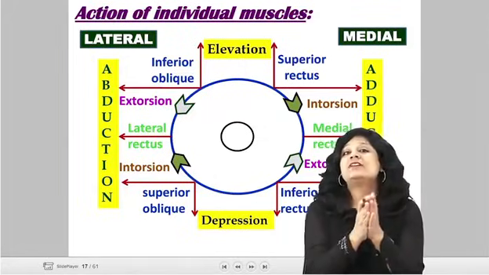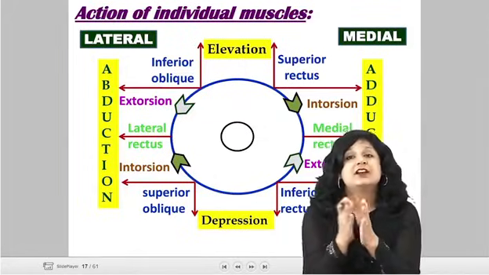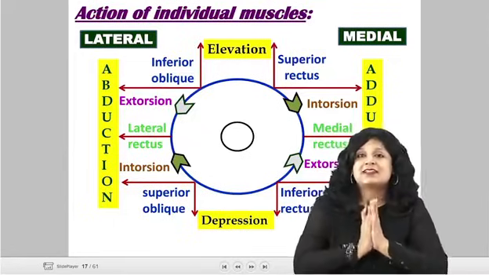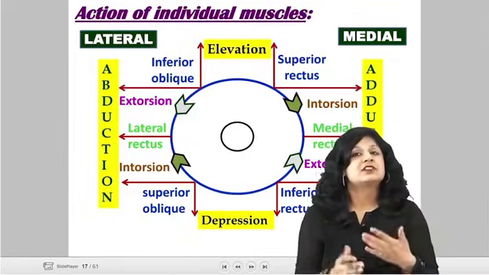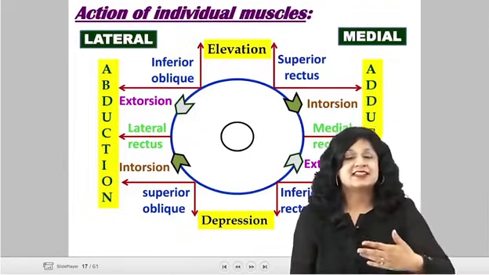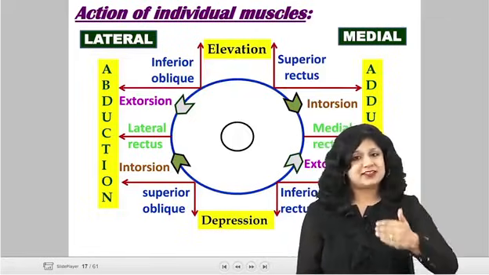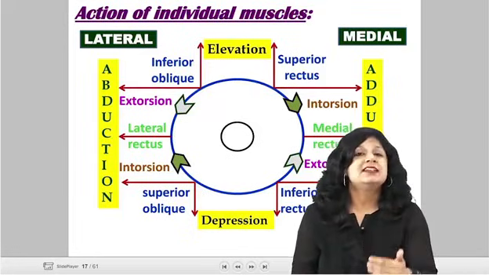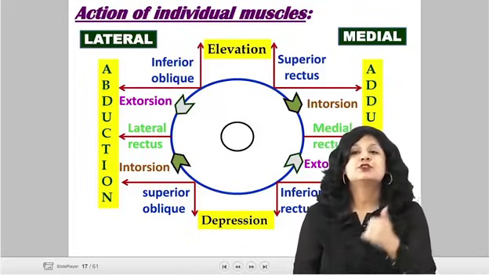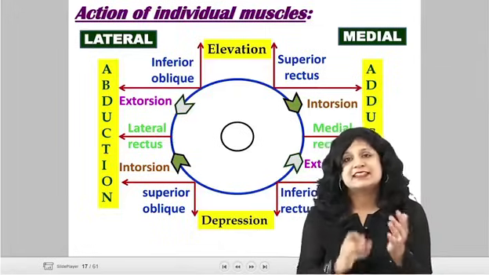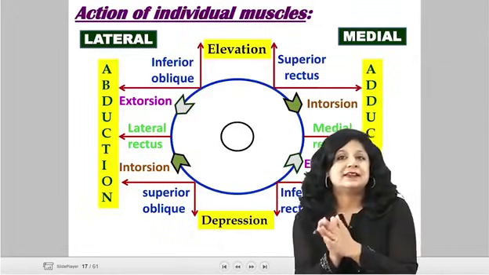Now, which muscle will cause intorsion and which muscle will cause extorsion? Because rectus muscles, it's very clear because they are moving straight in the same direction. So, superior rectus elevation, inferior rectus depression. But how to decide about intorsion, extorsion? For that you have got a simple mnemonic SIN, S-I-N, SIN.